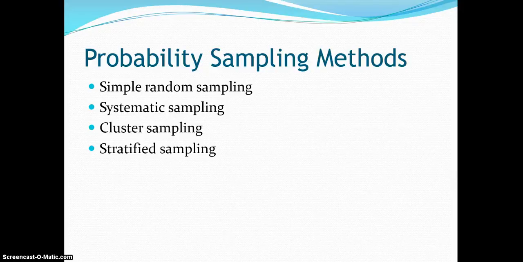So say for example we want to conduct interviews of operating room nurses, then it might make sense to randomly select a sample of hospitals, which is stage 1 of the cluster sampling, and then interview all of the operating room nurses at that hospital.